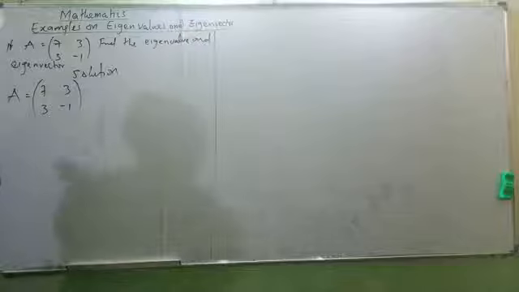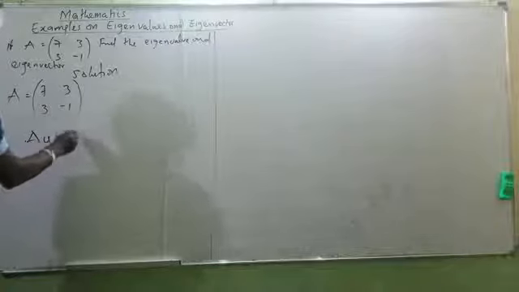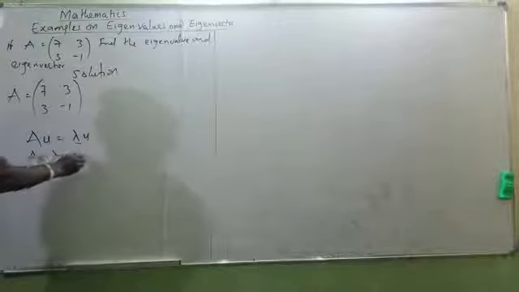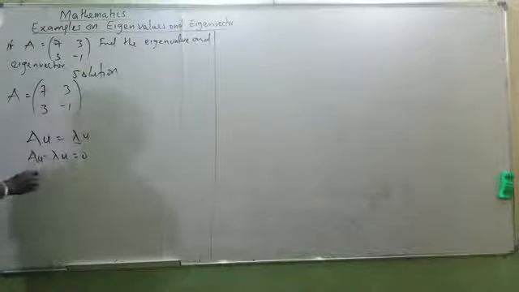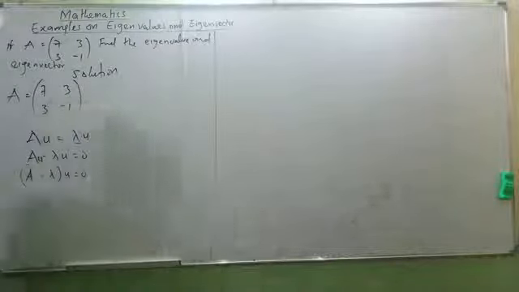Now, what I need to do is generate lambda U equals what? Lambda U. Now, I will be having AU minus lambda U equals 0, which gives A minus lambda, bracket of U, equals 0. Now, take note of this thing.